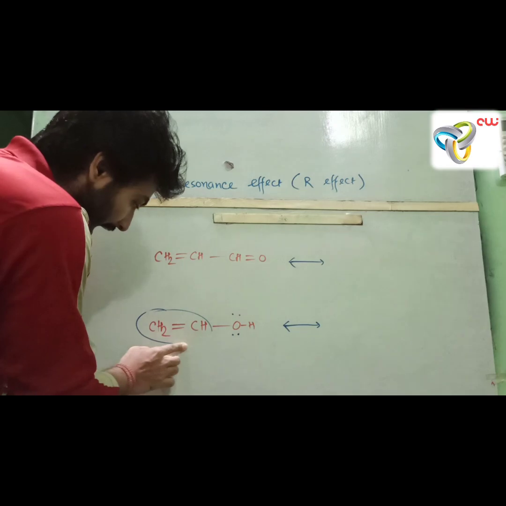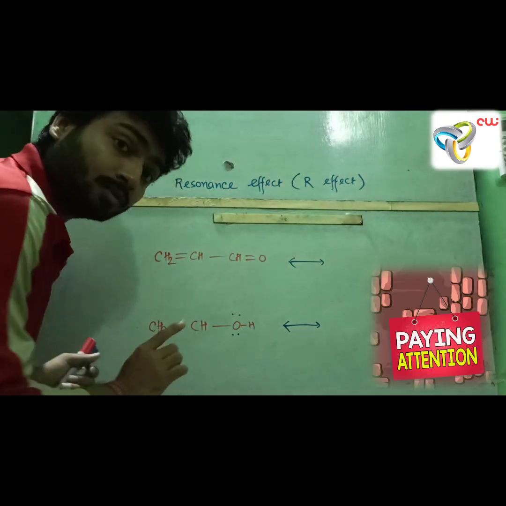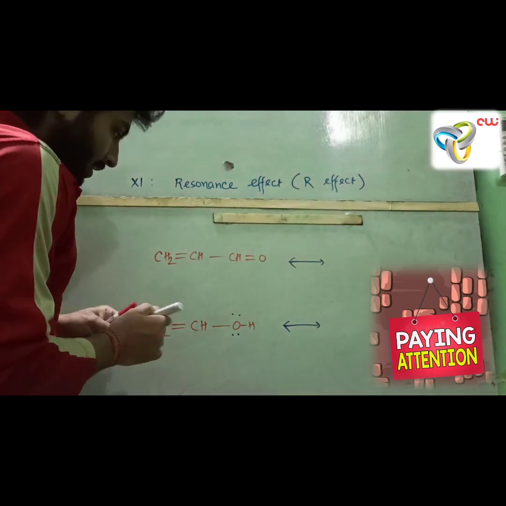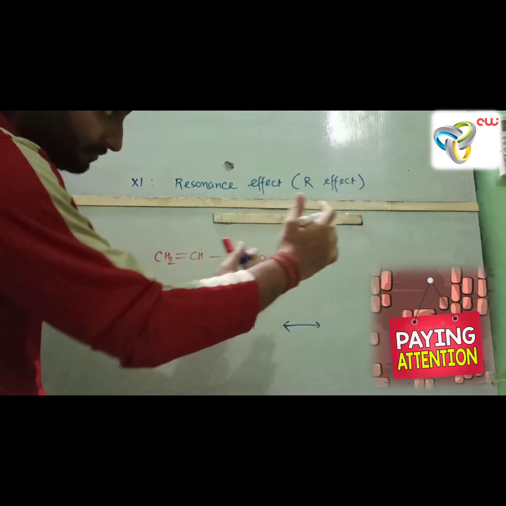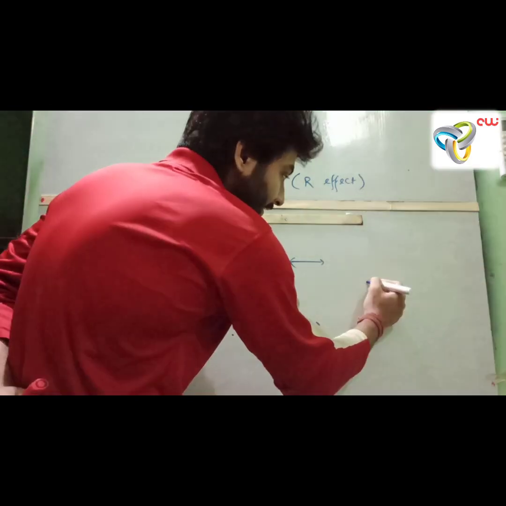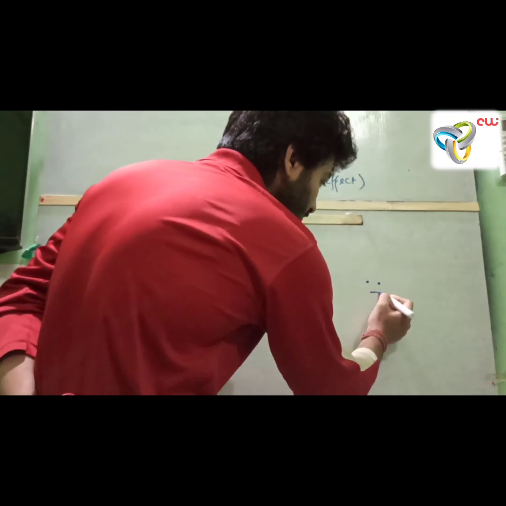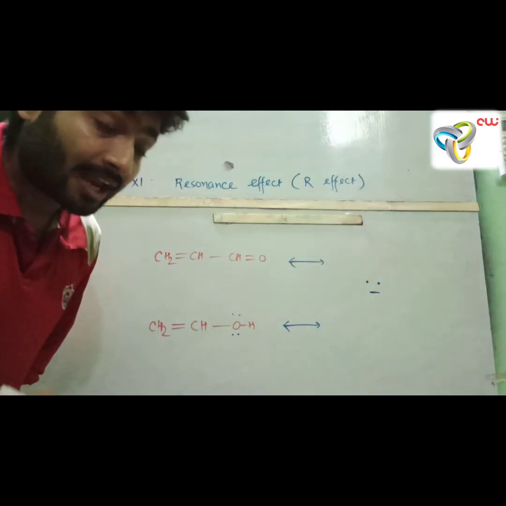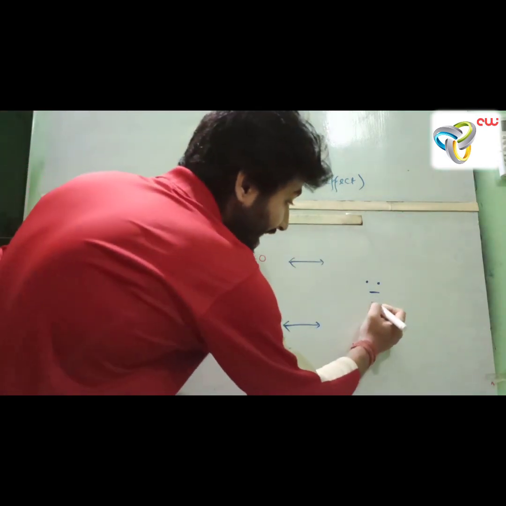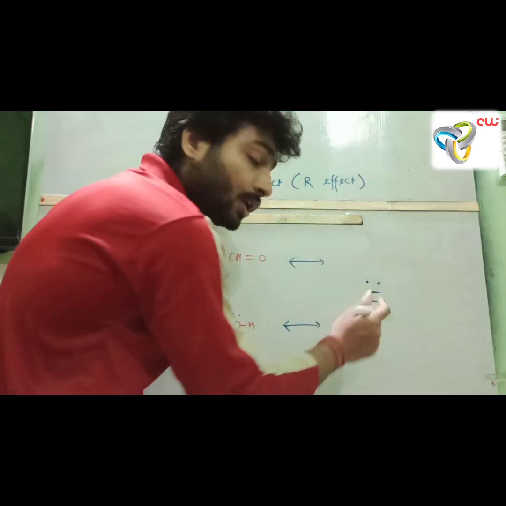So how should it be represented? Watch carefully. Here we have already said that two electrons make one bond, and one bond can be represented as one negative charge. These three are equivalent.